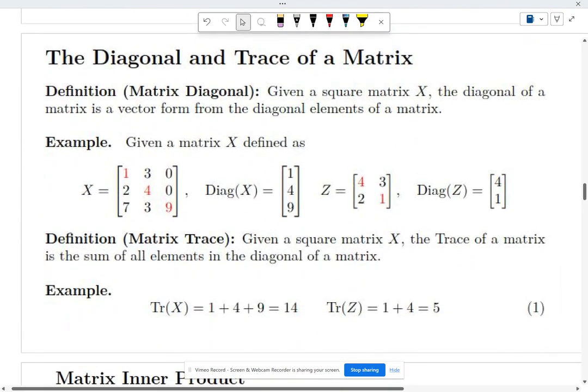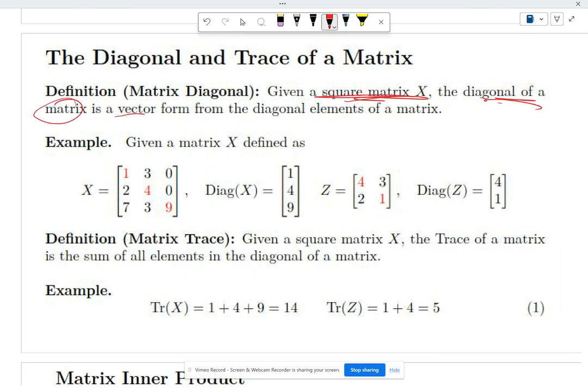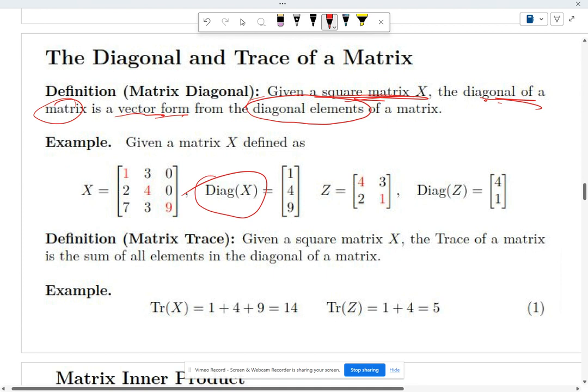The diagonal of a matrix. So what's a matrix diagonal? Well, it's actually pretty intuitive. If you have a square matrix, that's a key. The diagonal of a matrix is a vector formed from the diagonal elements of a matrix. So let's say you have a matrix, and then you want to find the diagonal of this matrix.